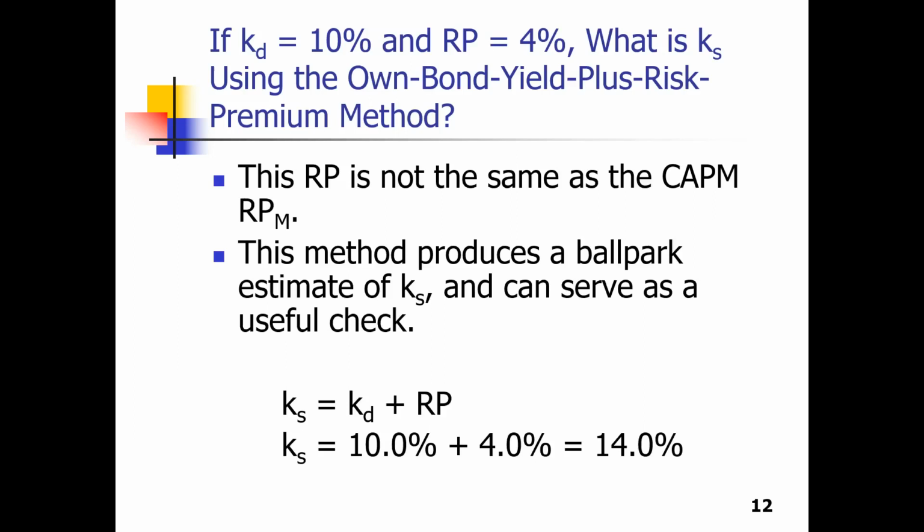The formula says pay the cost of debt, which was 10%, and add a premium. So it's more than 10% because it's not debt, it's equity. And in this industry, given the risk of these airlines, a 4% premium is justified from the past data. So it becomes 14%. Now we have three different numbers.